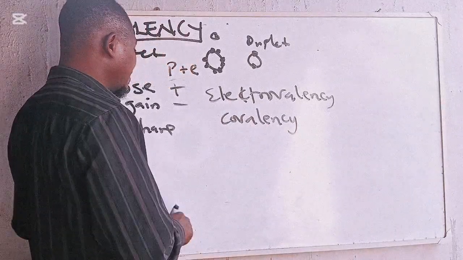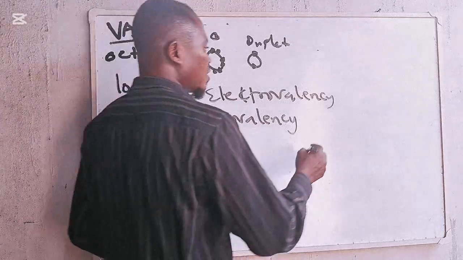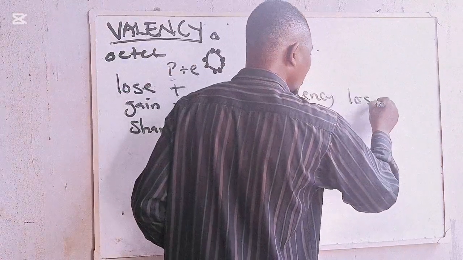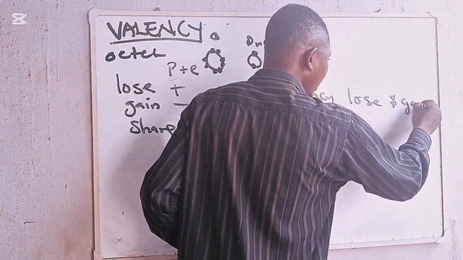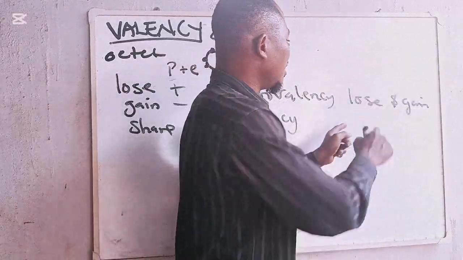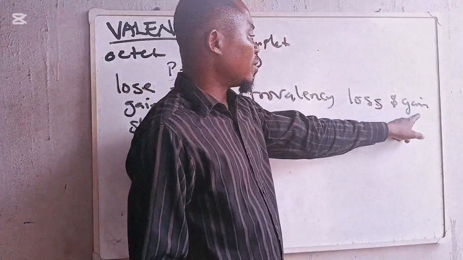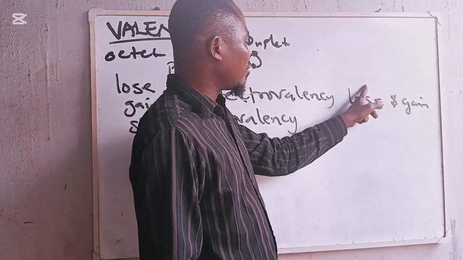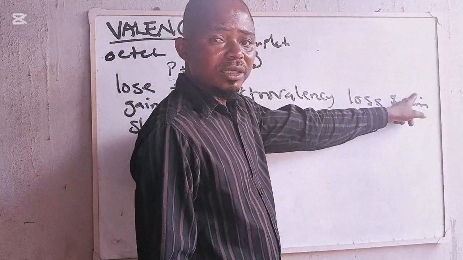Now, in electrovalency, what happened? It involved the transfer of electrons. So we have electron loss and what? Electron gain. So when one is transferring electron, that is majorly electron loss and electron gain. When one is transferring electron, another one is what? Gaining electron.